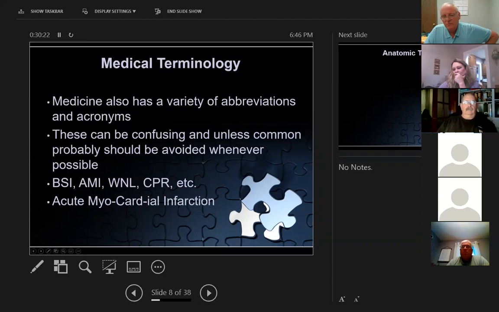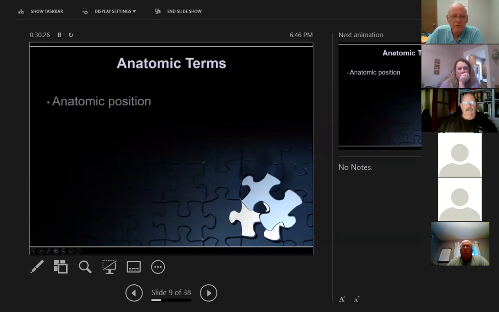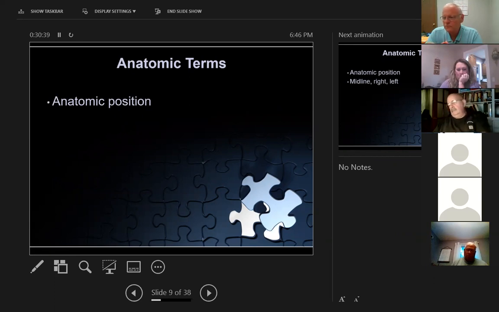Okay, what I want to do now is talk about some anatomic terms and body positions. The first thing I want to talk about is something called the anatomic position. The anatomic position is the baseline that we use for reference whenever there's something else wrong, like a dislocation or an angulation of an arm.